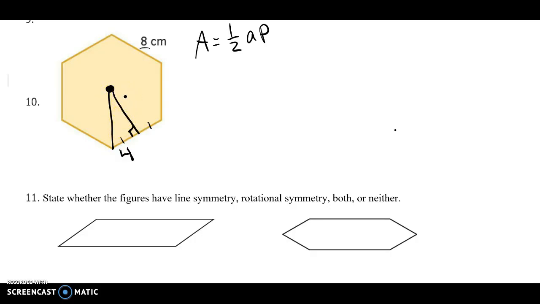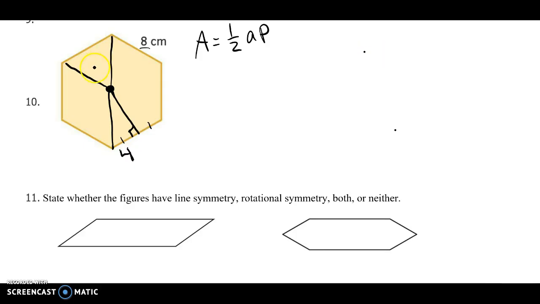And I always like to look at the fact that all of these central angles, right, because all this is 360 degrees, right? So the central angles here will be 360 divided by 6, because it's a hexagon. So they'll all be the same.